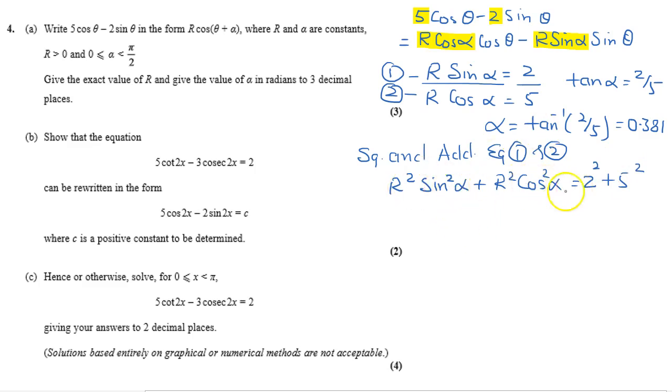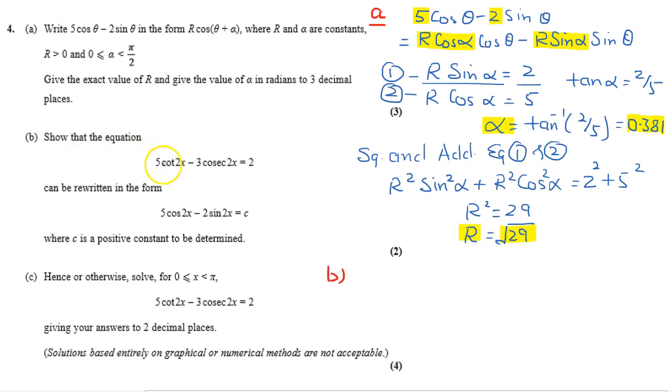R square sin square alpha plus r square cos square alpha will be r square. This will be 25 plus 4, 29. So r will be root 29. So this is the value of r. So alpha is 0.381 and r is root 29. So this is part 1.